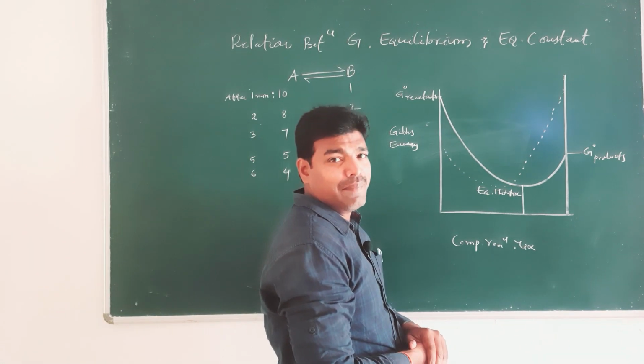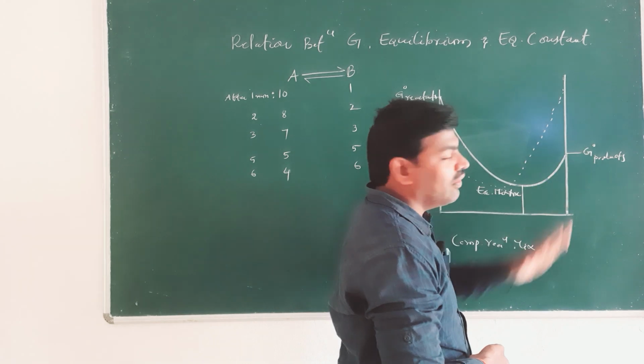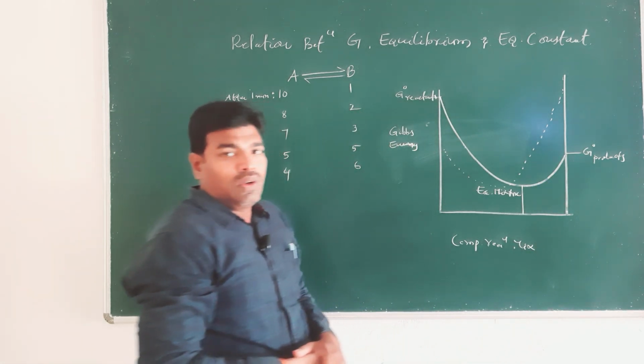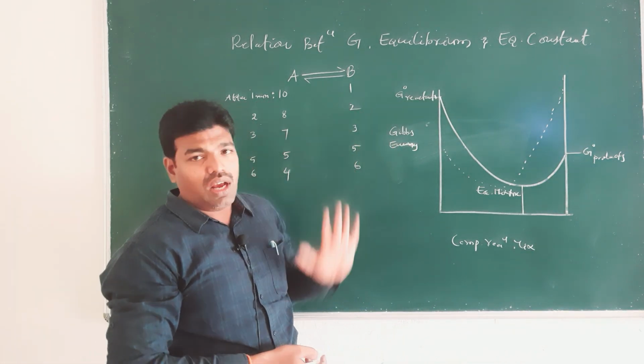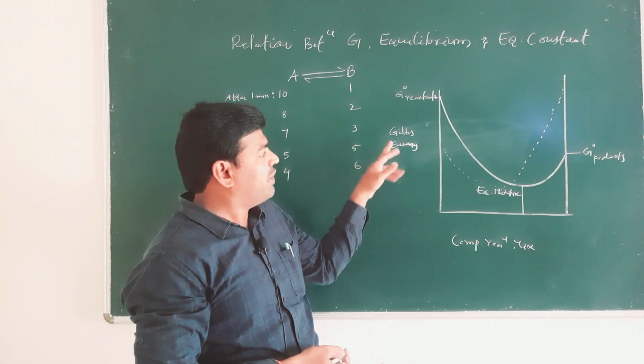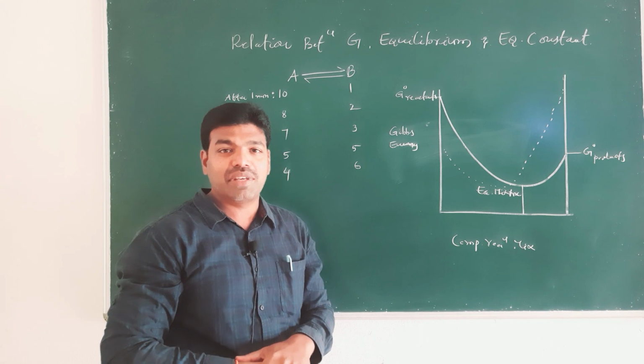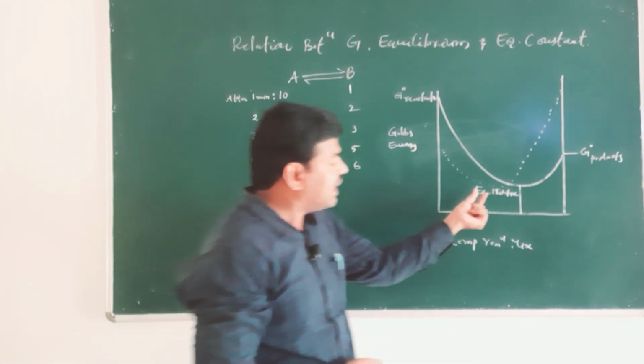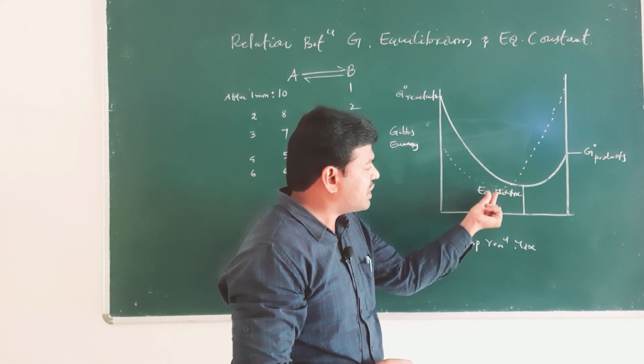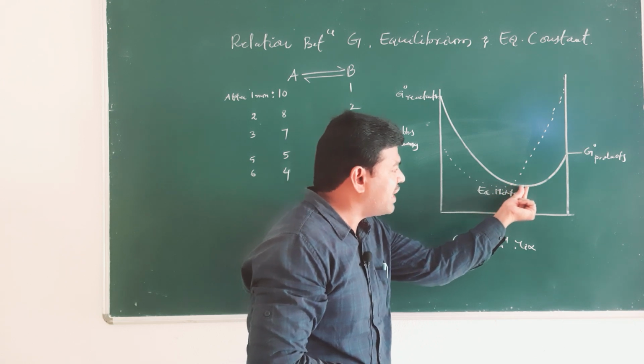When a plot is drawn between Gibbs energy and the composition of the reaction mixture, this equilibrium composition reaches a minimum Gibbs energy.